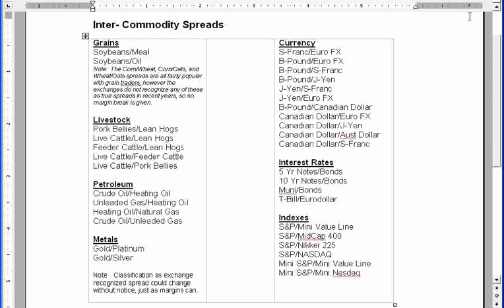Now if we look into the currencies, they are an interesting group in the spread markets. Really, when you're looking at currency spreads, if we take the Swiss franc, for example, a straight Swiss franc future is, how many dollars does it take to buy 1 Swiss franc? And that's the number that we see.